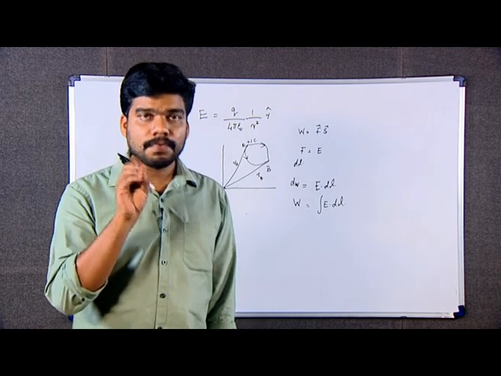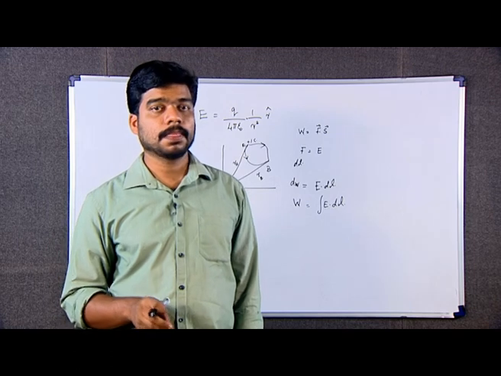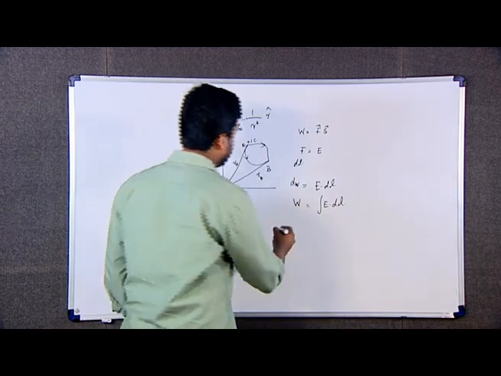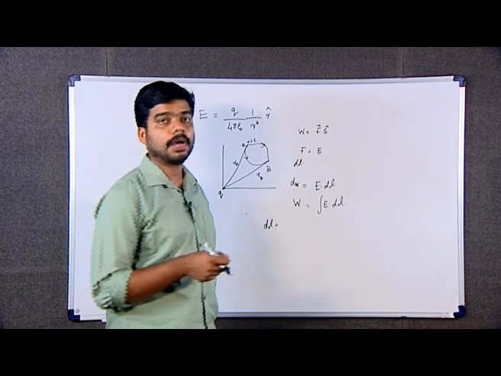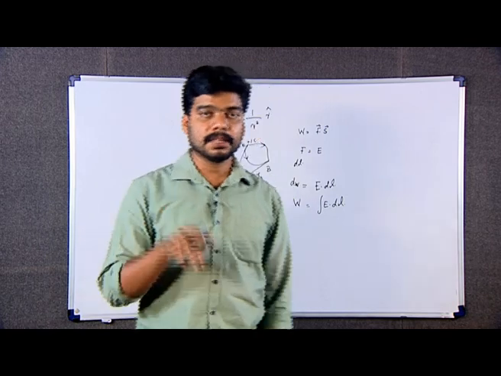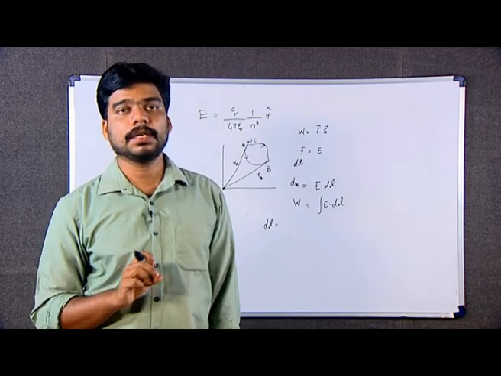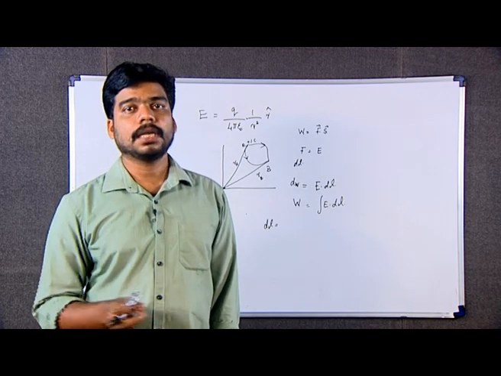In which coordinate system will we choose this dl? In most cases, we will choose this dl in the spherical polar coordinate system. And in mathematics, you have learned how to write this small elementary length dl in terms of r, theta and phi.